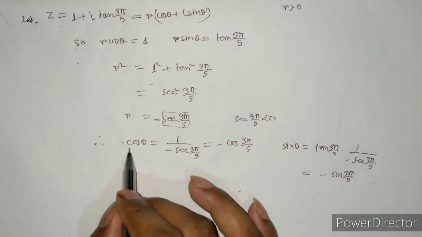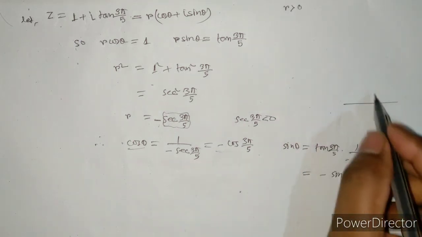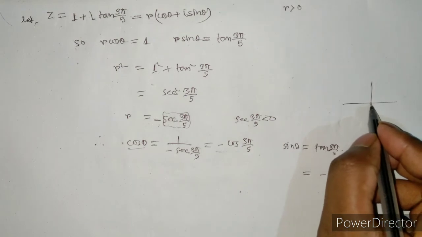And we see that here cos theta and sin theta both are negative, so definitely the value of theta must be in the third quadrant.